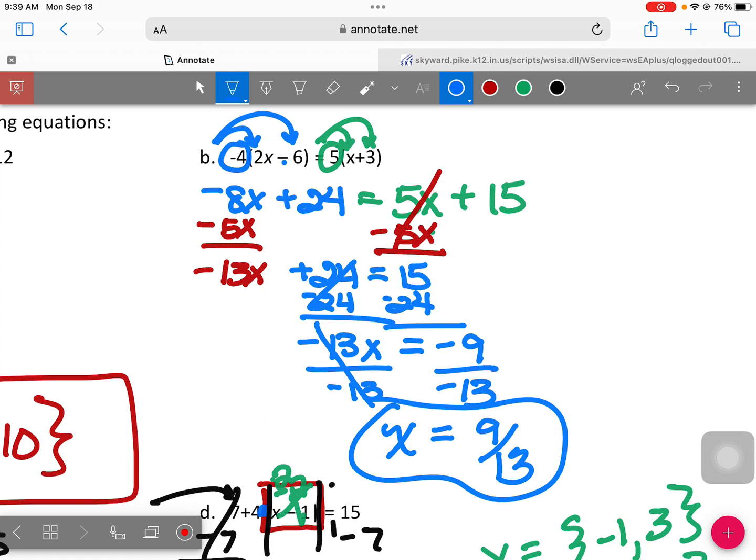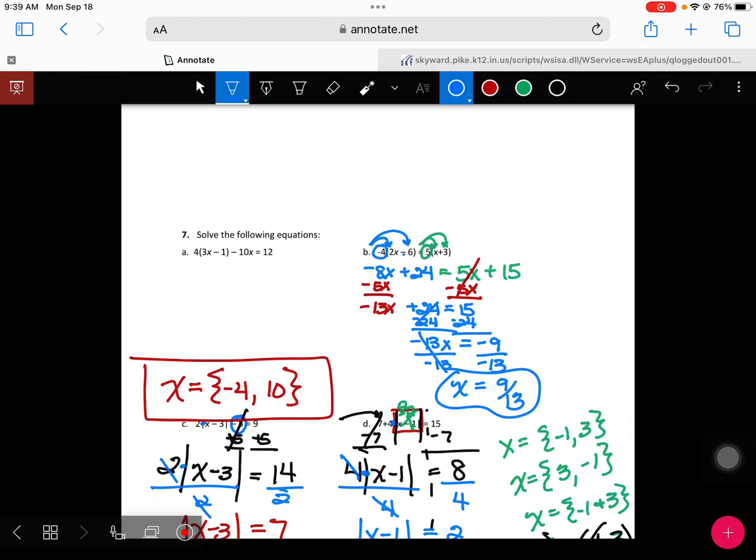Oh, number 2. That's the one formula you have to memorize. Do we remember what that formula is? We have to put it in point slope form. The slope is y sub 2 minus y sub 1 over x sub 2 minus x sub 1. Okay, you need to label your points and be consistent.